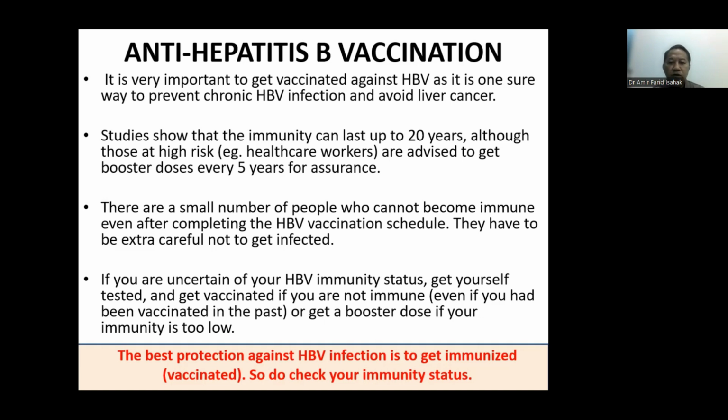So when you do the HBV immune status test, it will indicate the level of immunity, either 0 or very low, which means you need a booster, or adequate. Remember, the best protection against HBV infection is to get immunized or vaccinated. So please do check your immunity status if you're not sure.